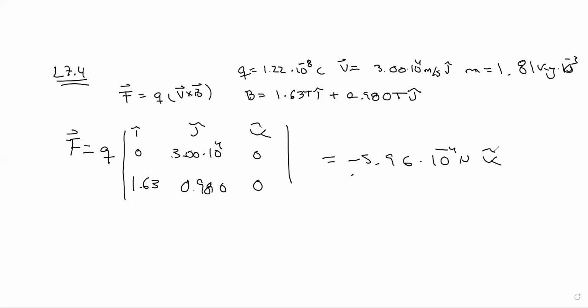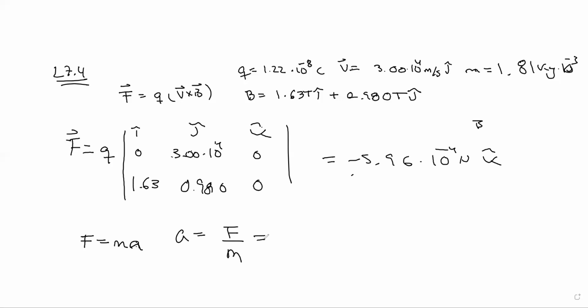This is the second part. This is part B. No, part B is the magnetic field. No, that's this one. Yeah, direction of acceleration. But they're asking for magnitude, if I'm not wrong. Yeah, magnitude of the acceleration. Now, we know that F is equal to ma as well. So a is going to be F over m.